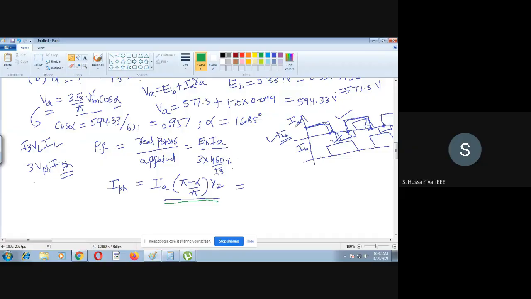In some topics in power electronics, we have extracted this phase current. Likewise, you extract the phase current slowly. I'm sure you will get pulses like this, and for these pulses, when you find the RMS value, you will get this answer.